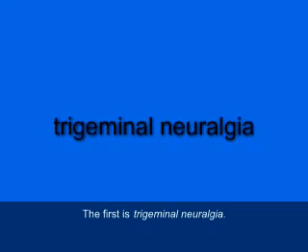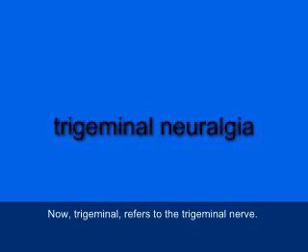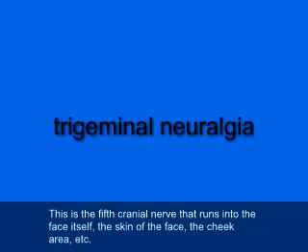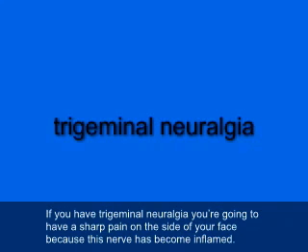Trigeminal, neuralgia. Now, trigeminal refers to the trigeminal nerve, and this is the fifth cranial nerve that runs into basically the face itself, the skin of the face, the cheek area, etc. And if you have trigeminal neuralgia, you're going to have a sharp pain on the side of your face because this nerve has become inflamed.